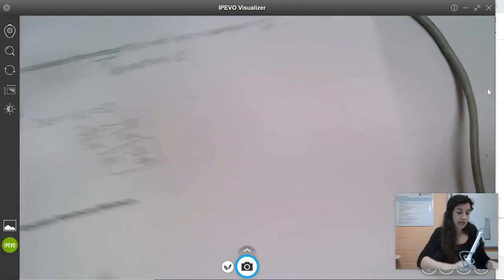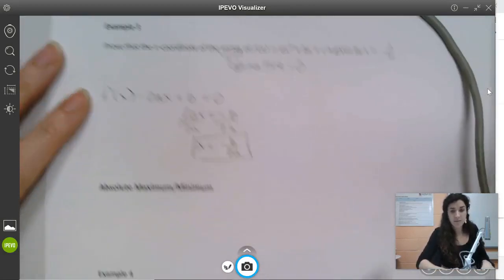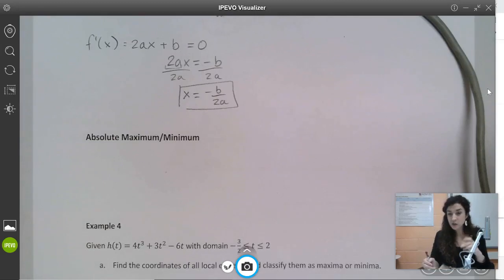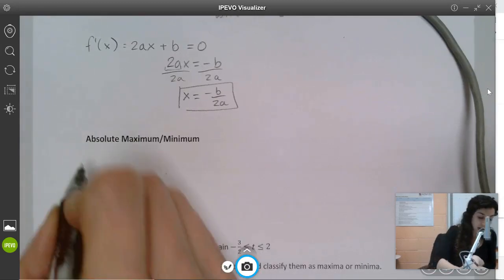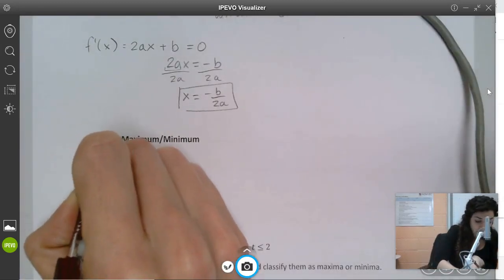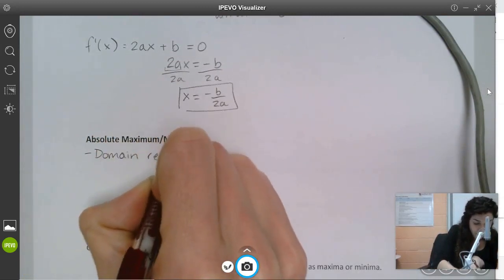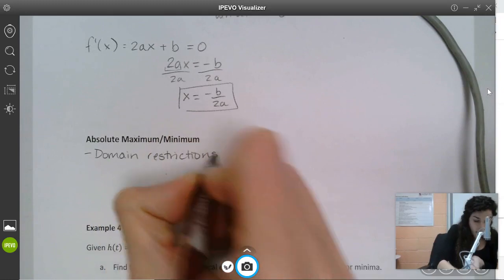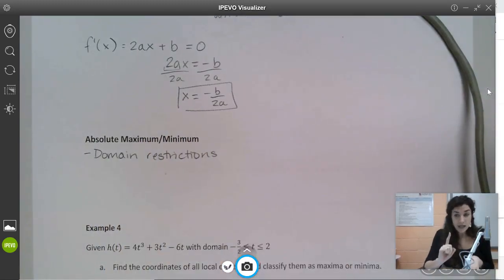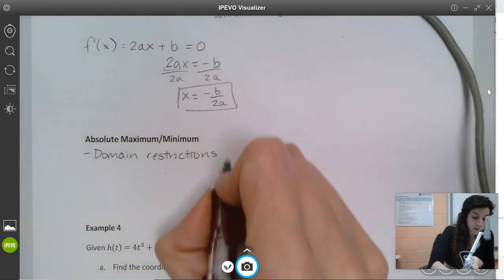So now we're going to talk about absolute maximums and minimums. There's kind of like two situations that we talk about in regards to that. The first one is that domain restrictions can first of all count as local maximums and minimums.